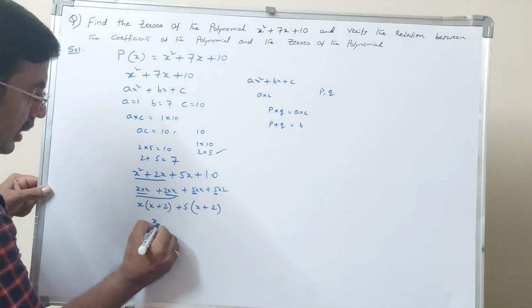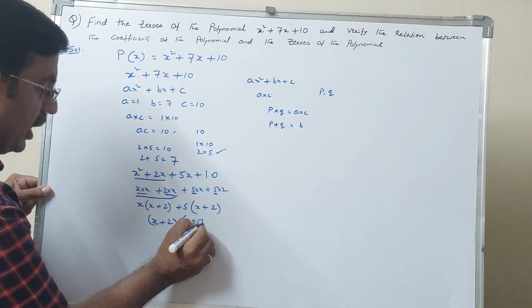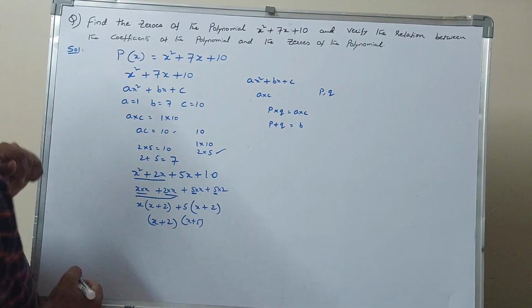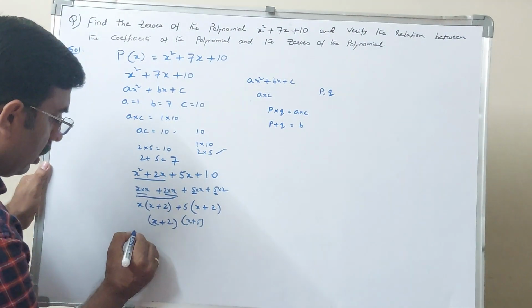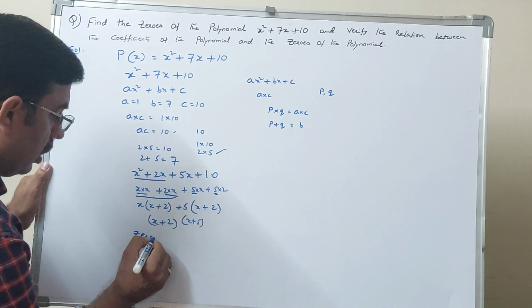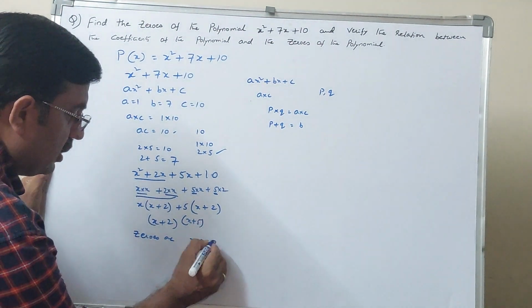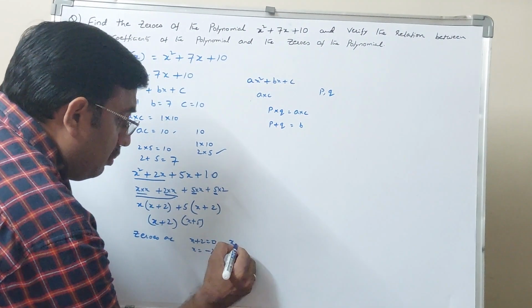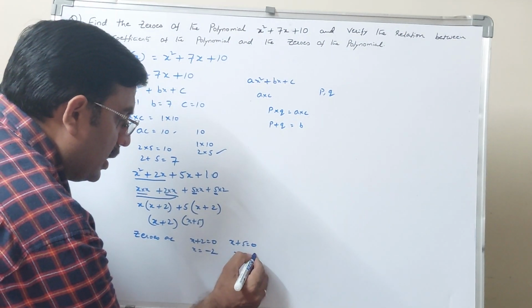So the factors will be x plus 2 into x plus 5. You take x plus 2 as common, so x plus 2 into x plus 5. This is the way you get the factorization. Clear? So the zeros are x plus 2 is equal to 0 means x is equal to minus 2. x plus 5 is equal to 0 means x is equal to minus 5.